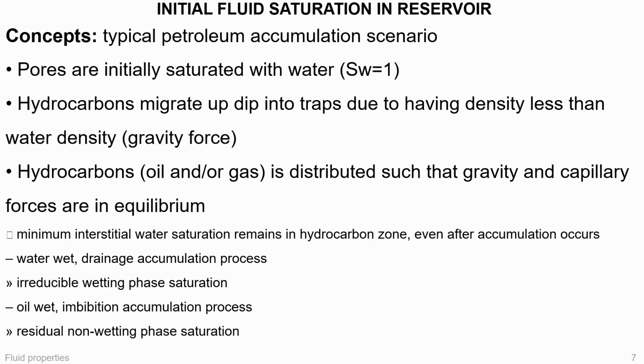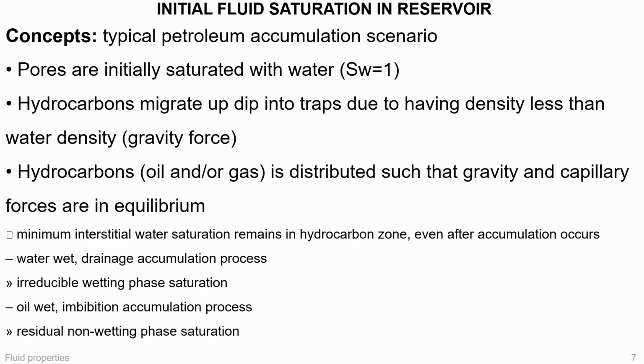This slide tells the petroleum accumulation story. Initially, reservoir pores are saturated with water. Then hydrocarbons migrate into traps because they are less dense than water and buoyancy drives them upward. As oil and gas accumulate, fluids distribute themselves so that gravity and capillary forces reach equilibrium.